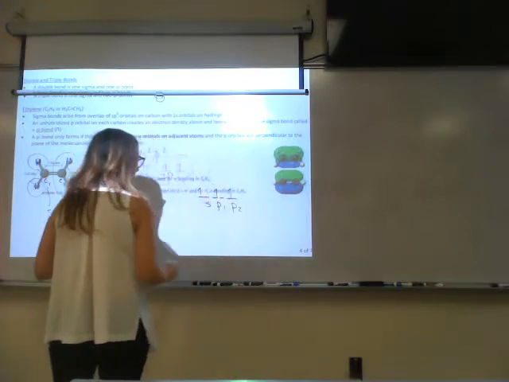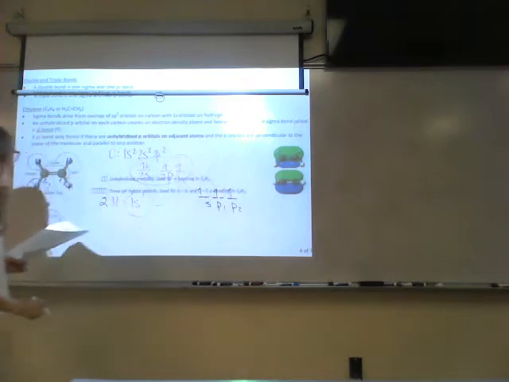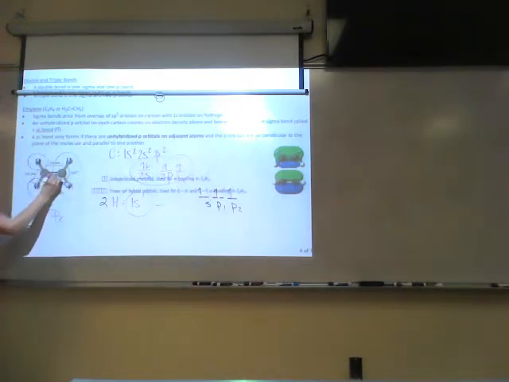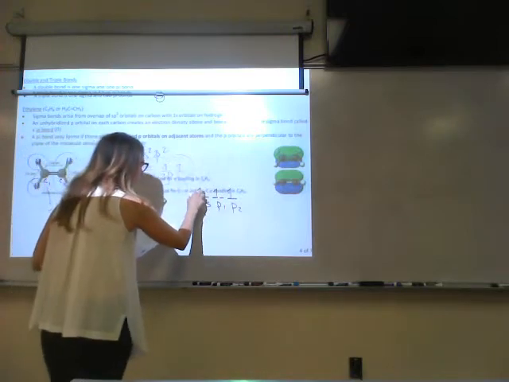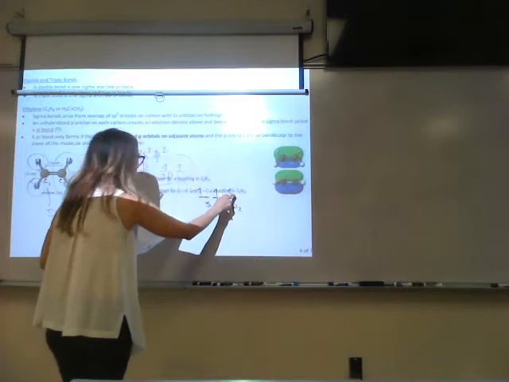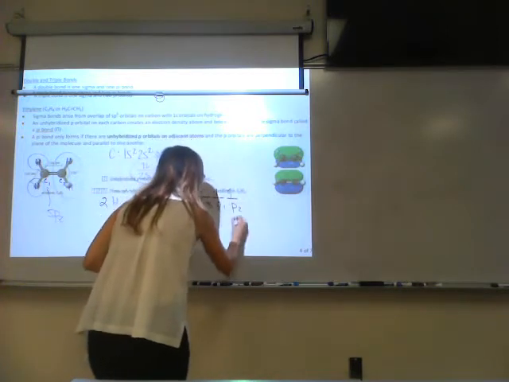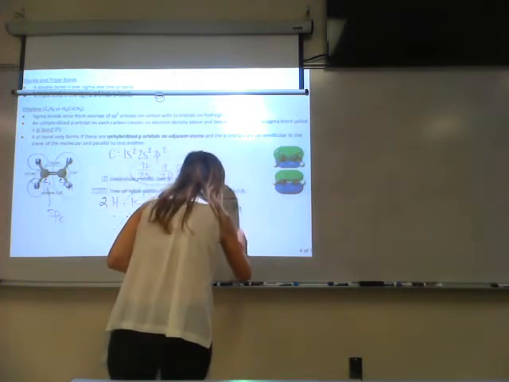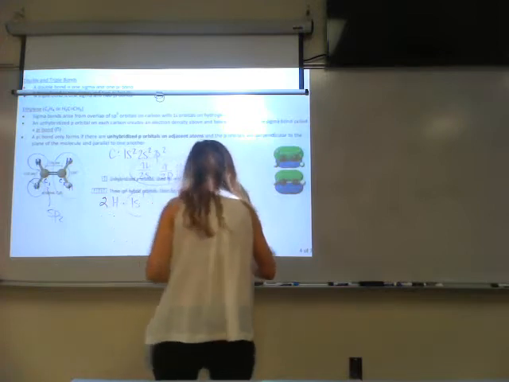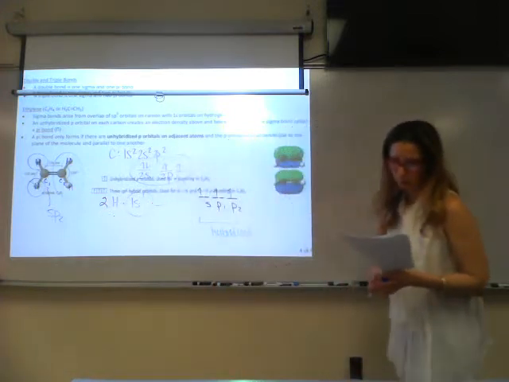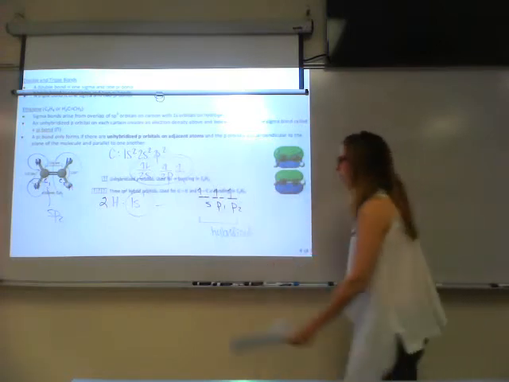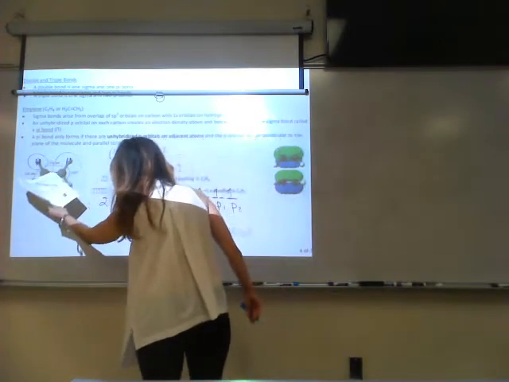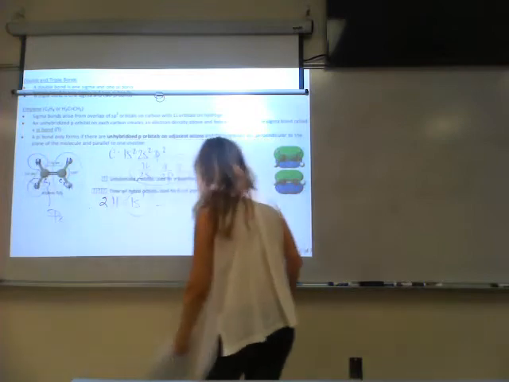Actually, let me explain the whole double bond concept really quick. You have a double bond. That means your valence electrons from your carbon, you fill them singly first. These are your hybridized orbitals. Anytime you have a double bond, one of them is a pi bond and the other one is a sigma bond.